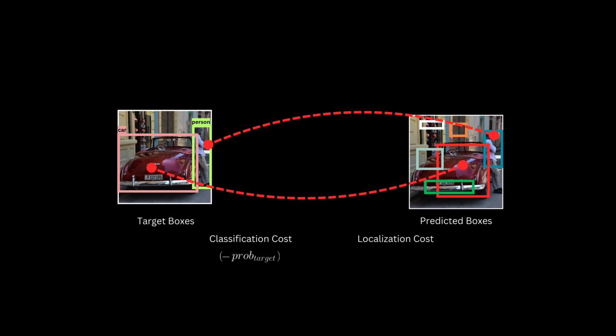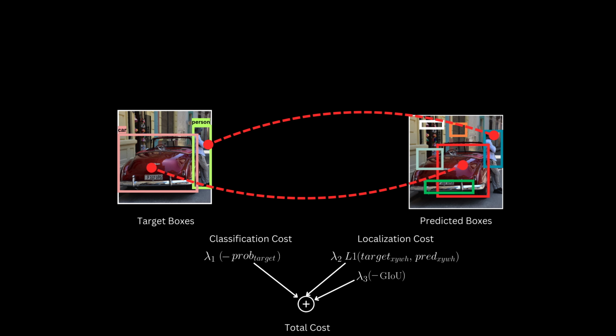Localization is L1 distance between predicted and target box coordinates. But in addition to L1 distance, the authors also have negative of generalized IOU, which will ensure that assignments where target and predicted boxes have a very high overlap, those assignments have a very low cost. The total cost is a weighted sum of these individual costs.